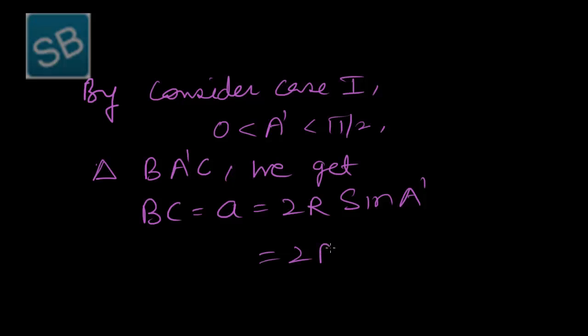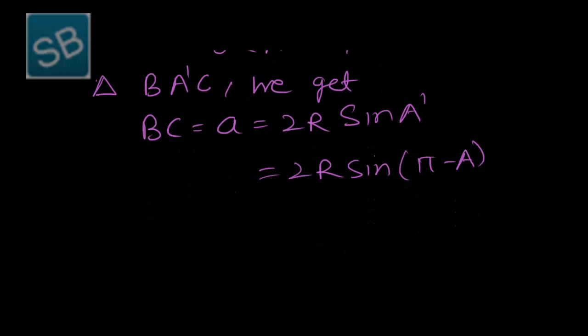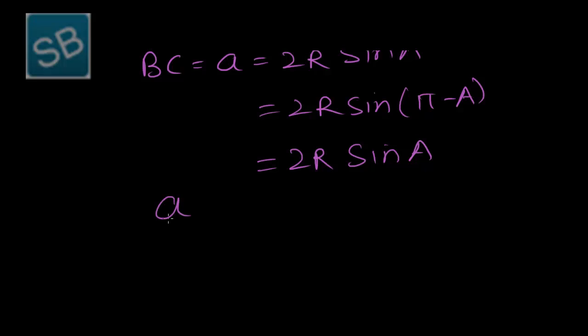Sine A dash means sine of pi minus A, which lies in the second quadrant, and so it is again sine A. So in this case also we get A over sine A is equal to 2R.